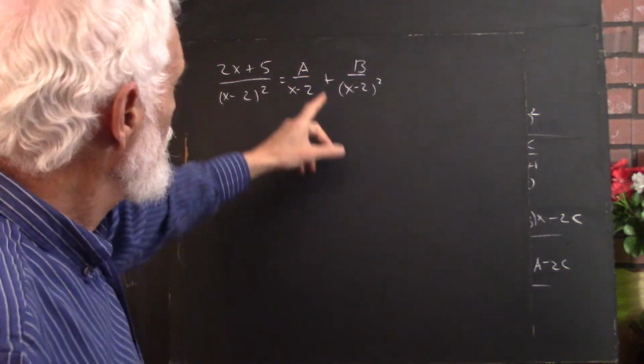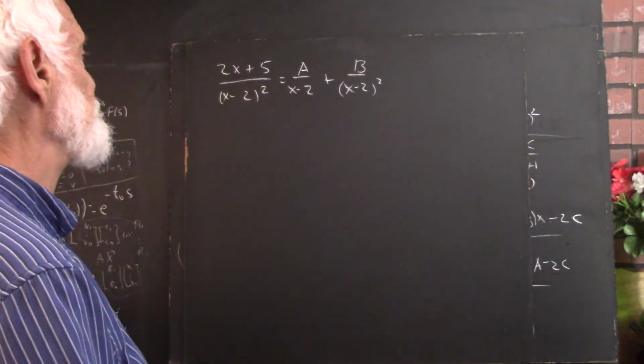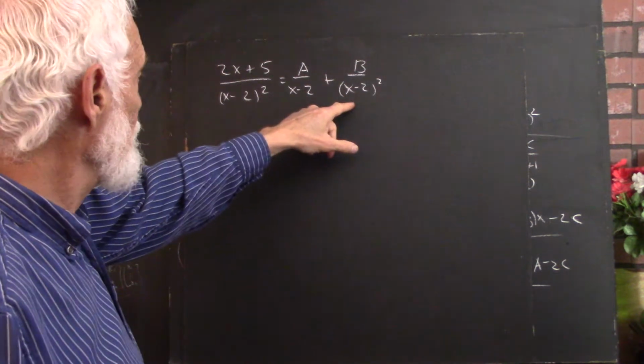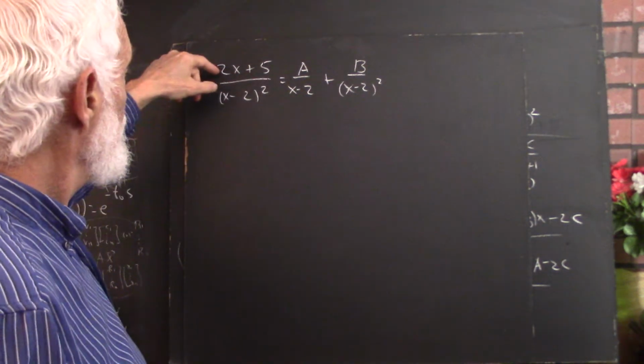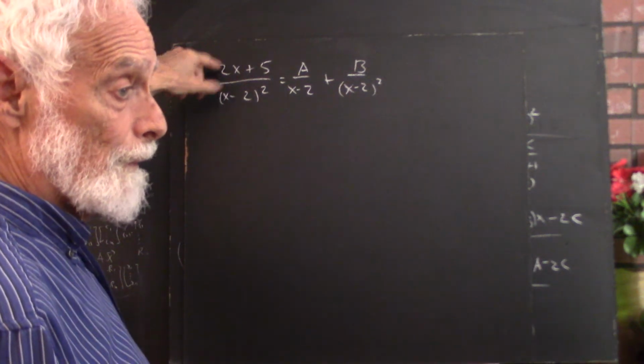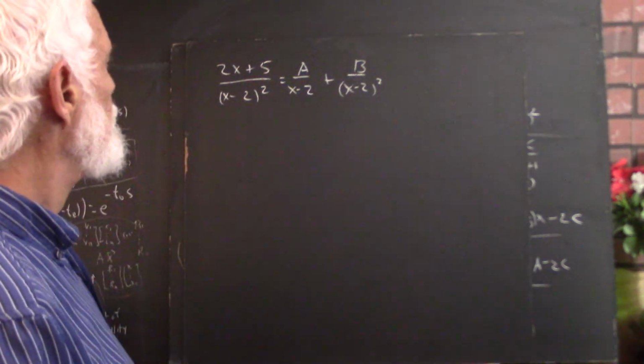And this time, you're going to get an a x from this. You're going to get a b x, which is going to give you a 2 for b, and you're not going to have 0.